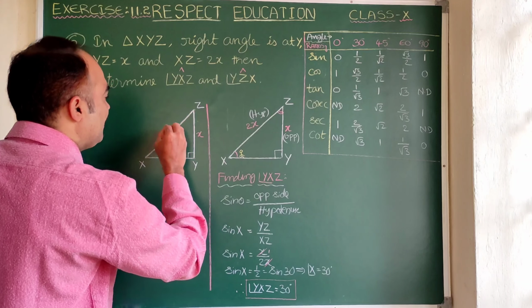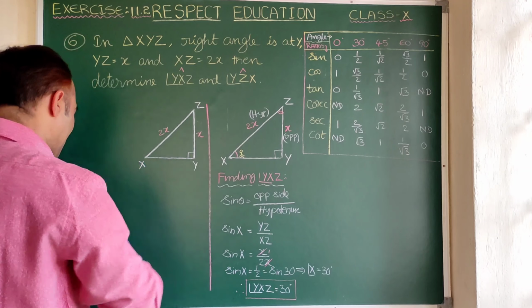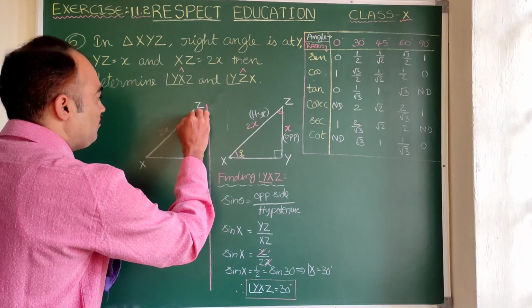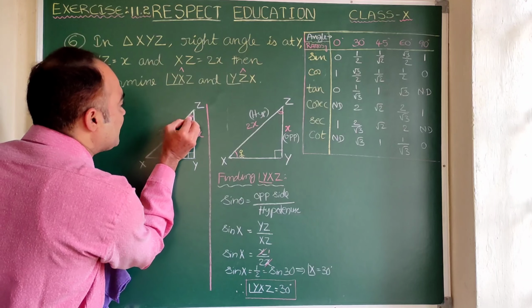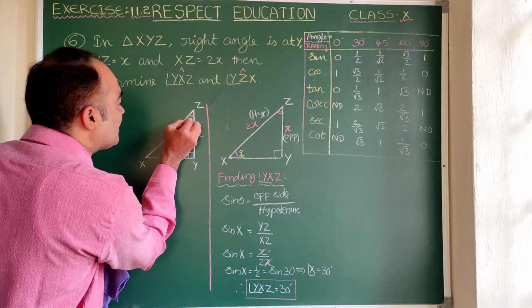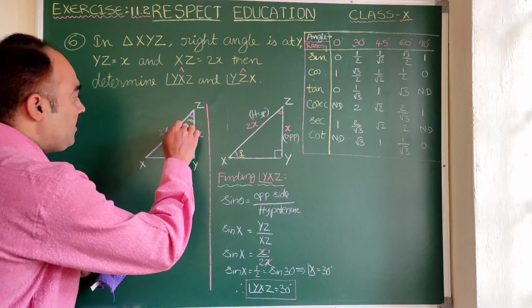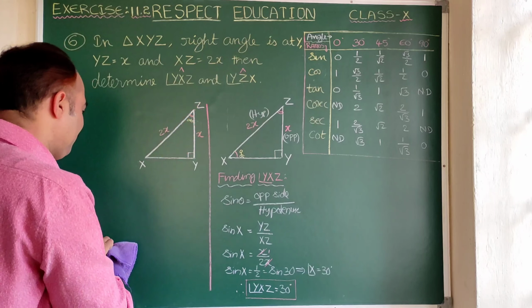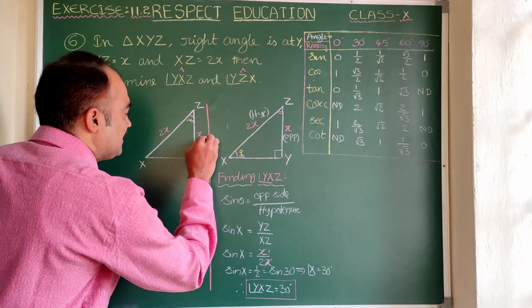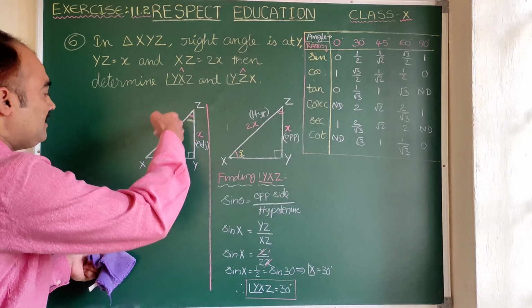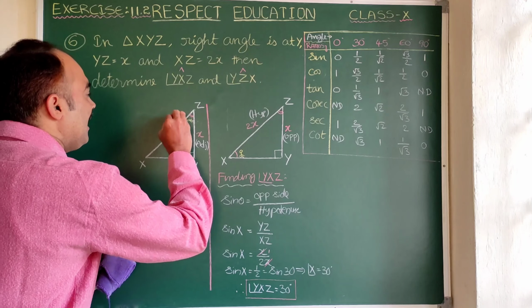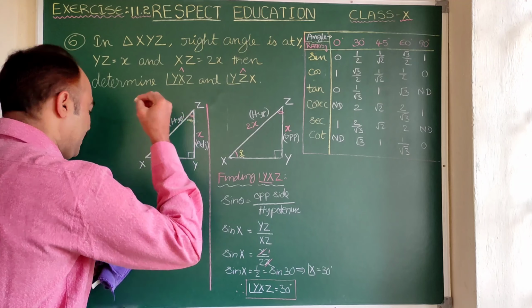Here X is given, here 2X is given. Now the question is that we are going to find this angle. You just imagine that you are standing at that angle. Clear? Now for you, what is this ZY? Adjacent side. So we can write this as ADJ in short, which indicates the adjacent side. And what is this ZX or XZ? Hypotenuse.